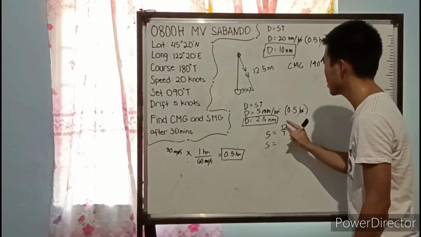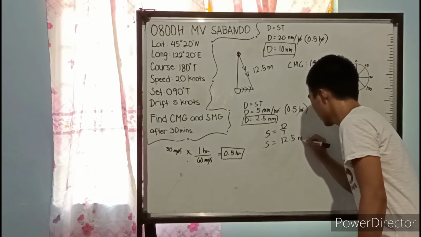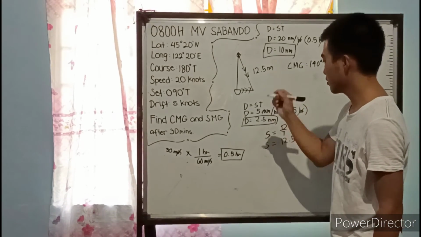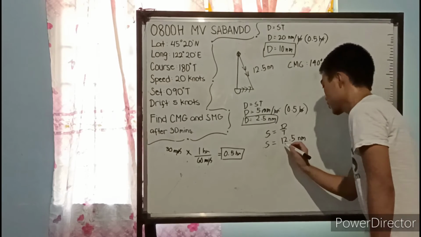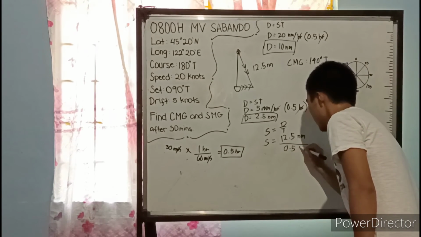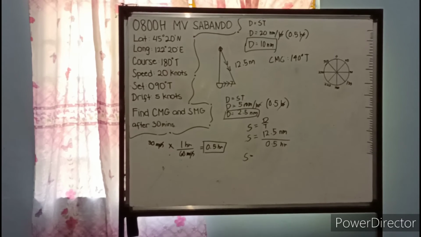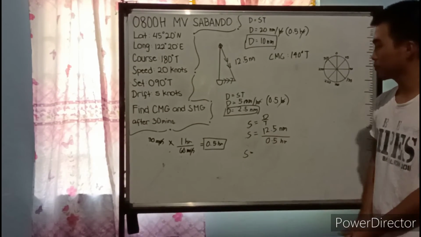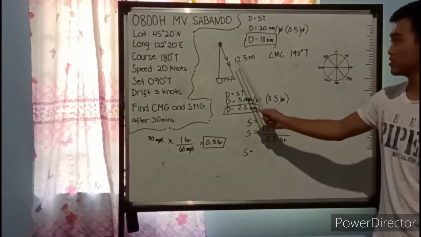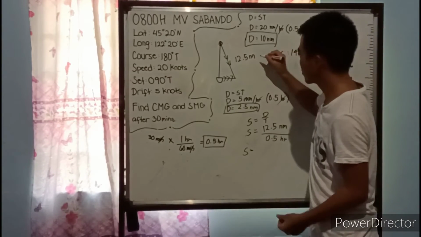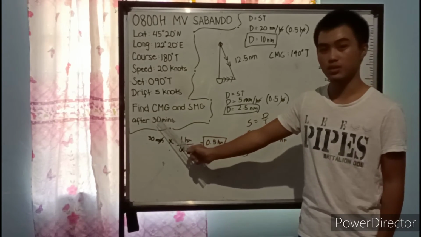So speed is equal to distance, which is 12.5 nautical miles, divided by our time, which is 30 minutes still, or 0.5 hours.